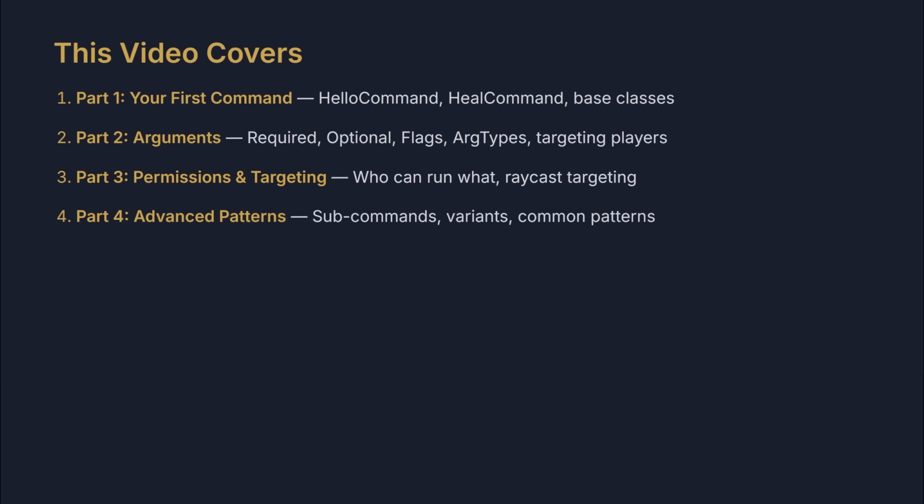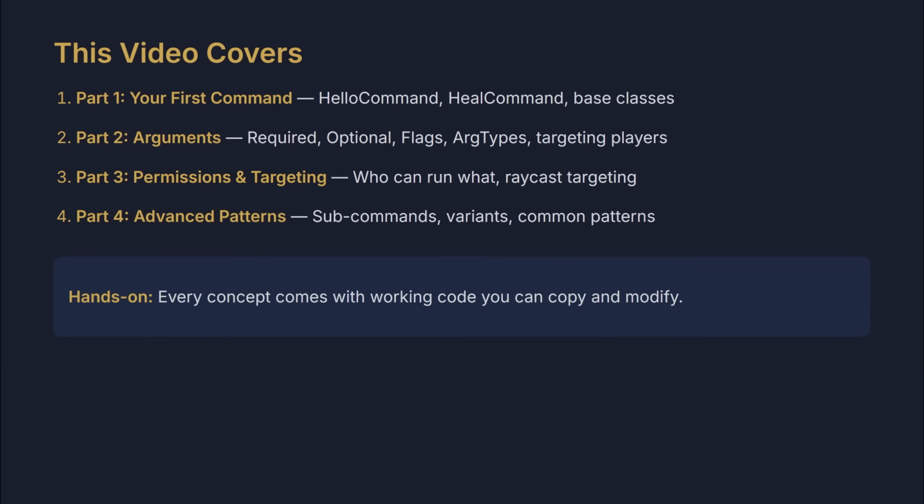And we will go into advanced patterns, like subcommands, variants, and other common patterns. Everything you see in this video is hands-on. Every concept comes with working code you can copy and modify, and we will look at it in Hytale itself. If you want the source code of this video, just look inside the description.